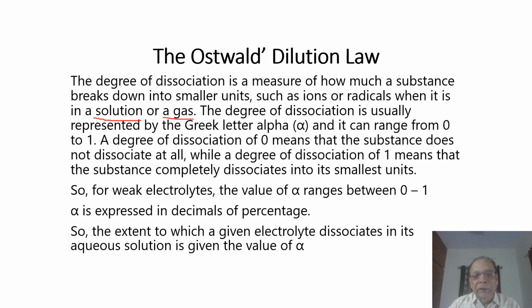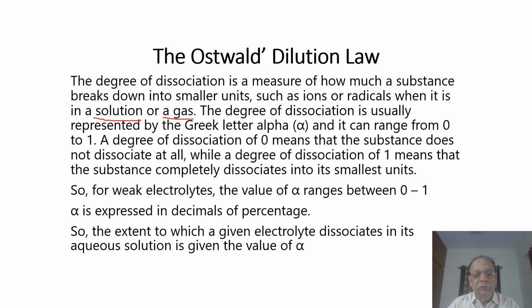So for weak electrolytes, the value ranges between 0 and 1. If it is approaching 1, the products are more. If it is close to 0, the products are less. That means dissociation is very, very less.